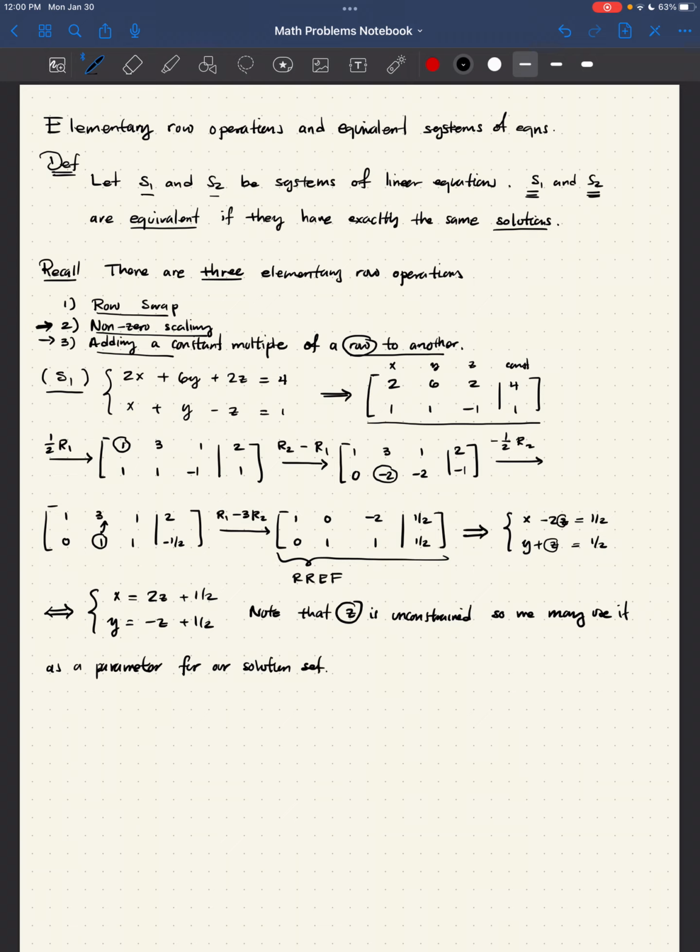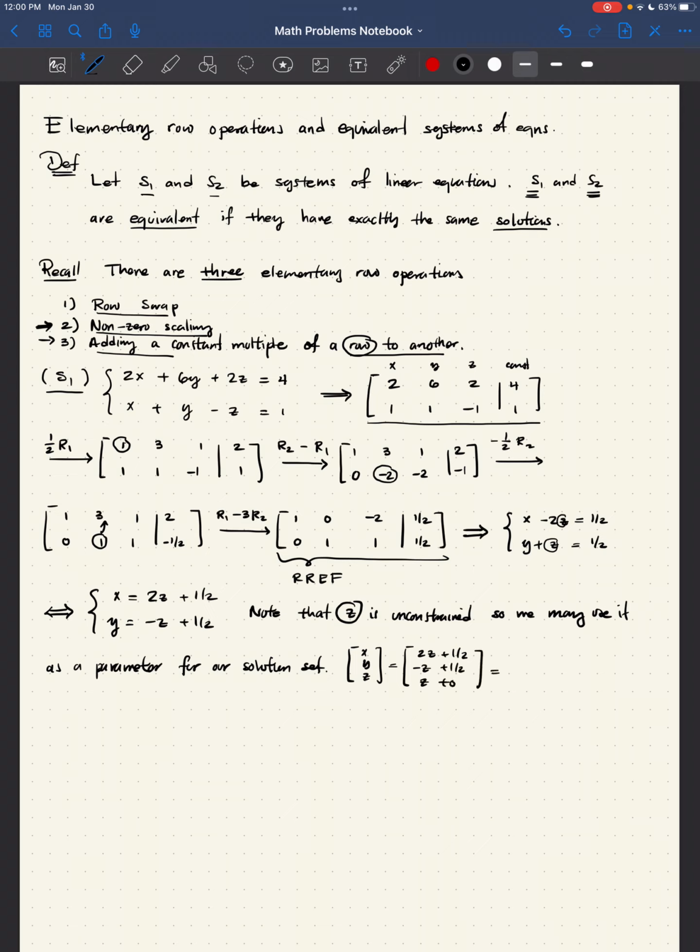So I'm going to write it. If I have a solution of the form x, y, z, well, that has to have the following form. It has to be 2z plus 1/2, negative z plus 1/2, z plus 0.